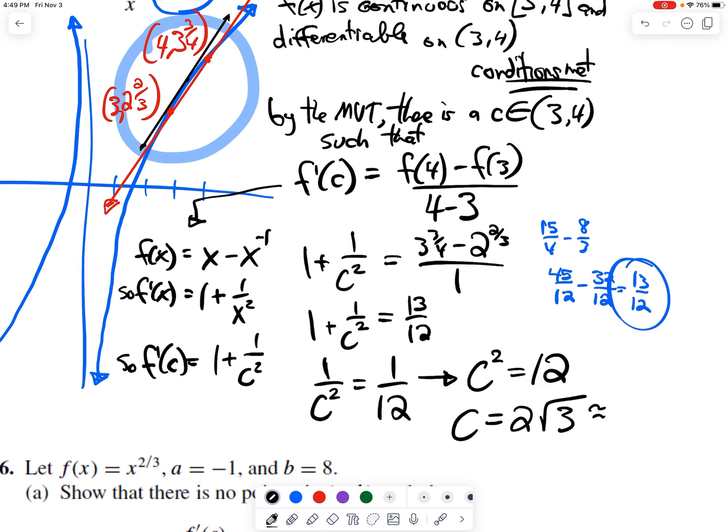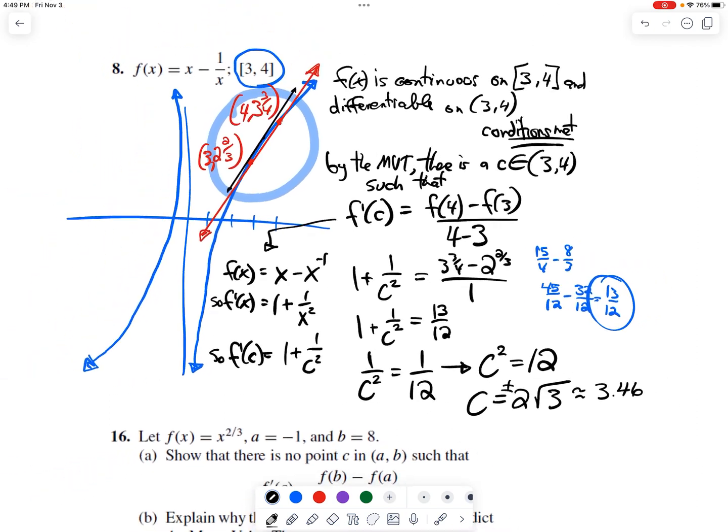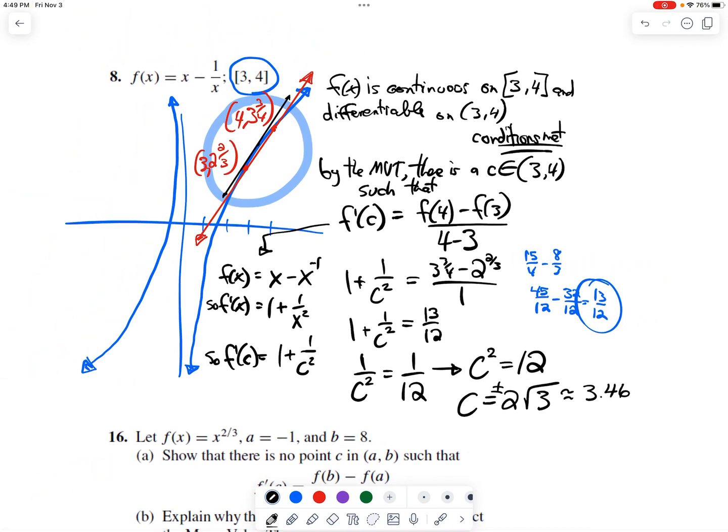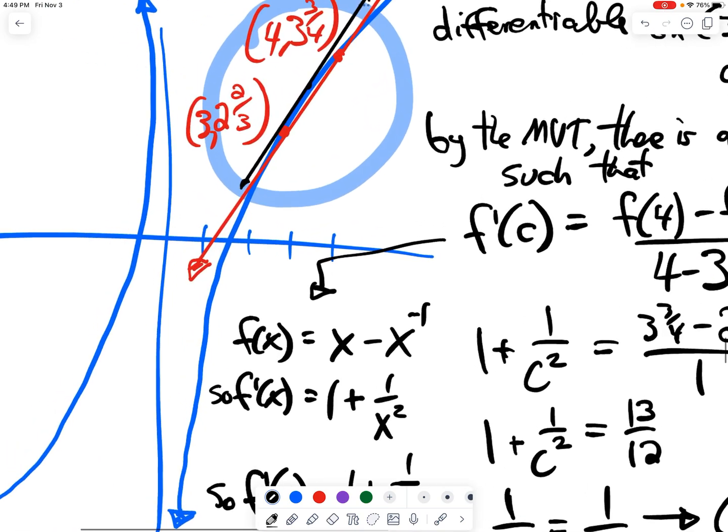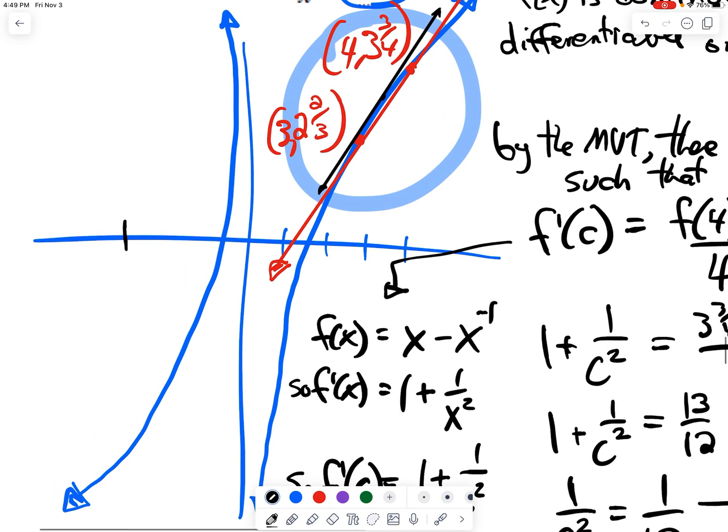And that is roughly a little more than 3.46. So I should say plus or minus 2 radical 3. But plus 2 radical 3 is our answer, because negative 2 radical 3, or negative 3.46, is not within our interval.